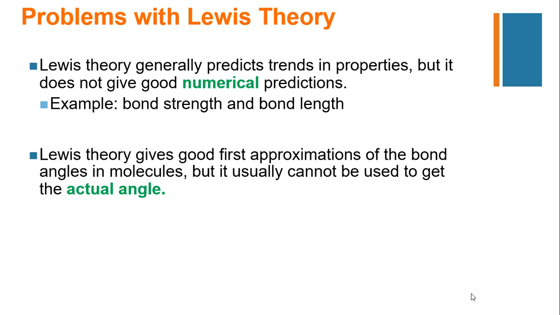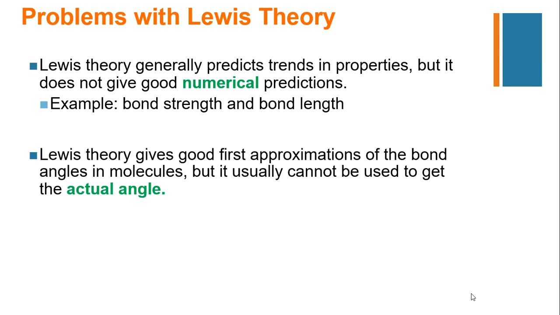It also gives us a good first approximation, but it cannot give us the actual angle. So it can tell us that, yes, probably tetrahedral-ish, but it won't tell us if it's 109.5 degrees or 104.5 degrees. So it doesn't give us, again, those actual numbers, those actual angles.